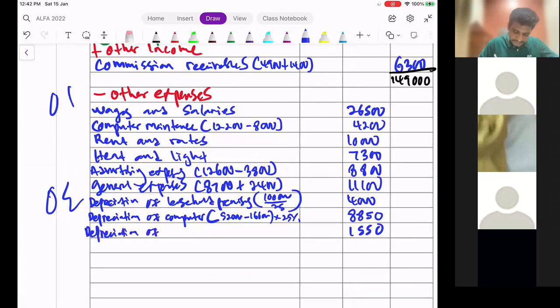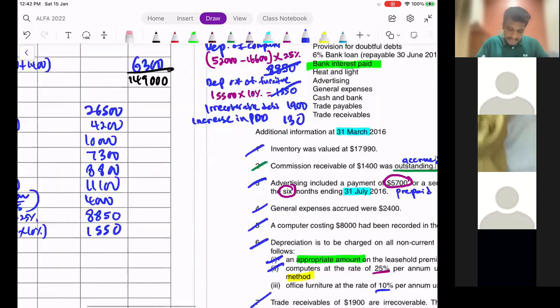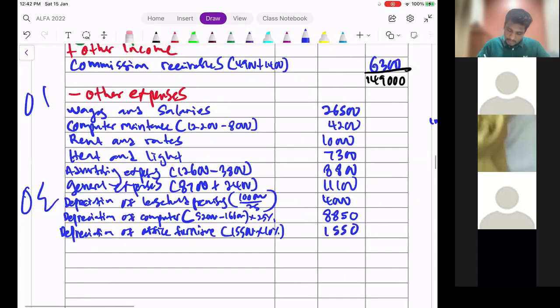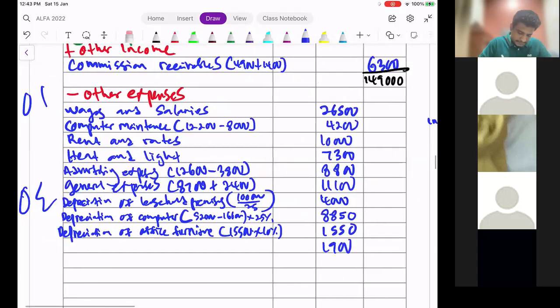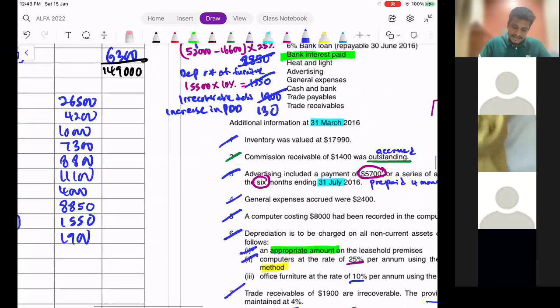Depreciation of office furniture, 15,500 times 10%. After that, irrecoverable debt, 1,900. Last one is increase in PDD.